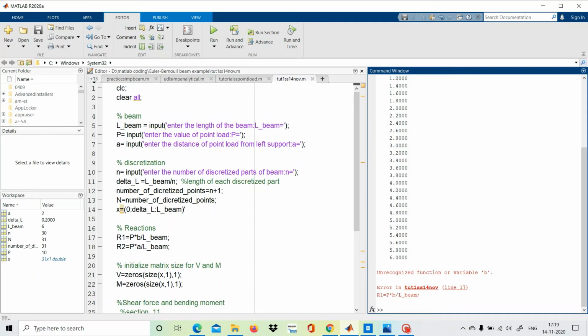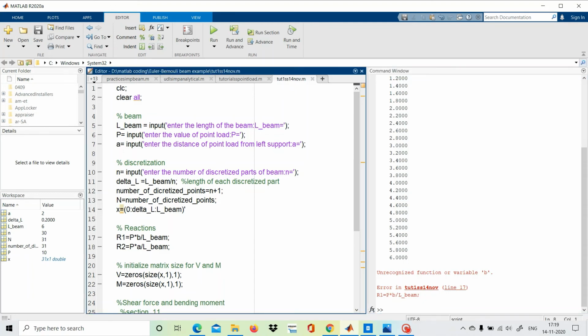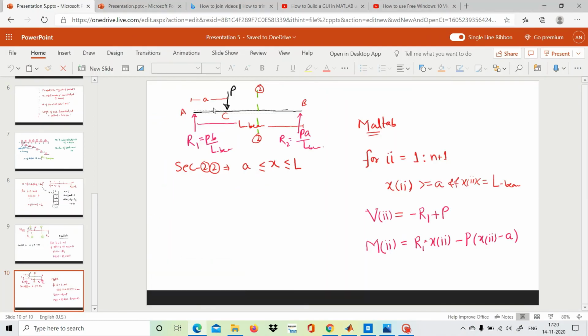So we have not just given it. So we will write b is equals to how much? That would be equals to length of the beam, Control C, we'll just paste it here, minus a, because we have seen here that a is this much and b was total length minus this part, so the remaining part would be b.